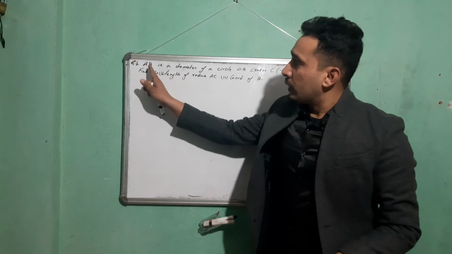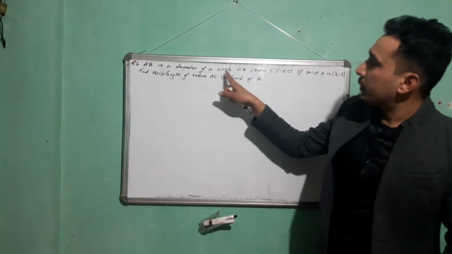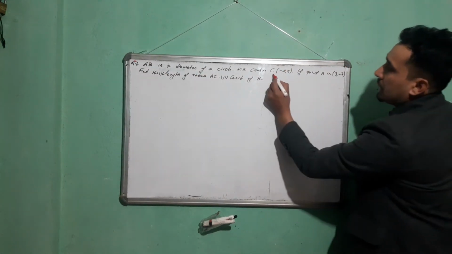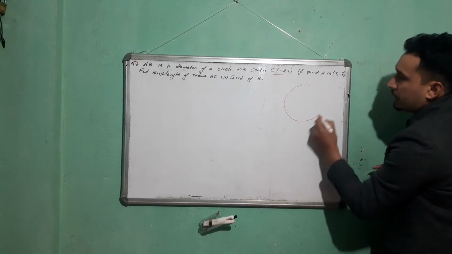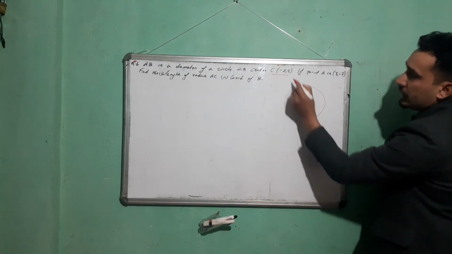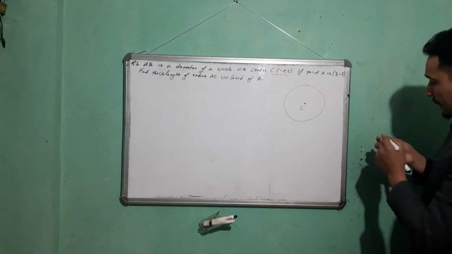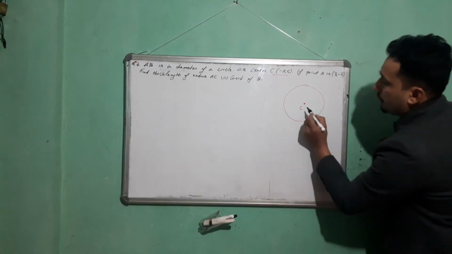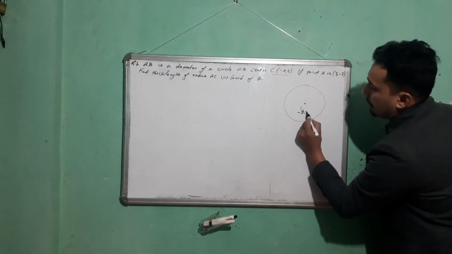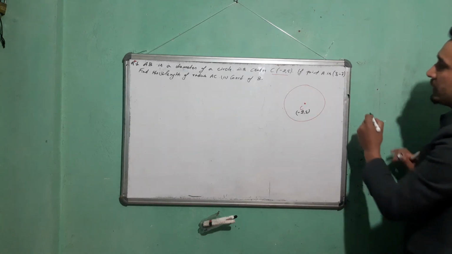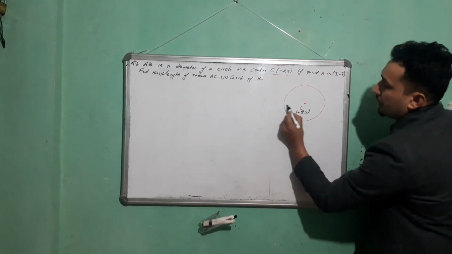The question says that AB is a diameter of a circle with center C. So let's draw a circle. This is the circle with center C. The coordinate of C is minus 2 comma 5. AB is the diameter, so you can draw a line from here to here.